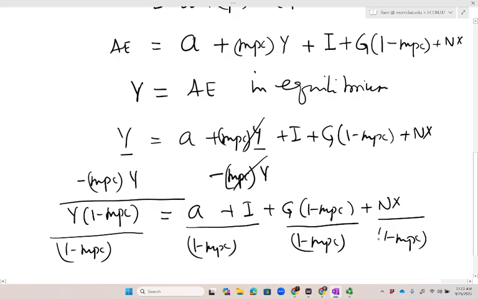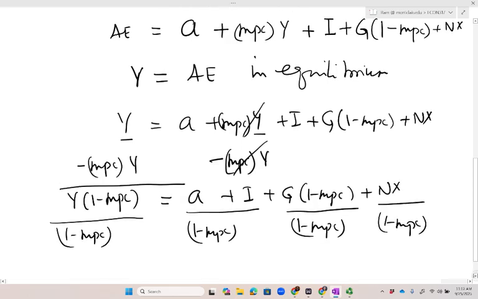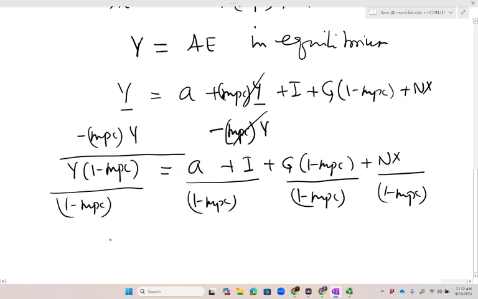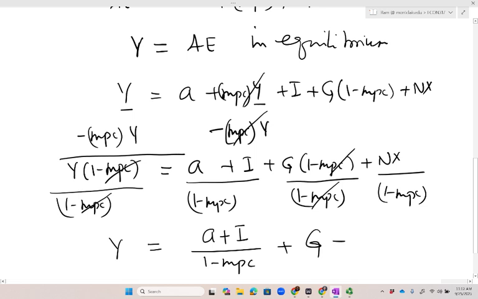And then the last term also I divide by 1 minus MPC. With that, I have got Y on the left hand side. These two terms cancel out. You can see this cancellation takes place on the right hand side too. Now I have got A plus I over 1 minus MPC plus government expenditure by itself plus net export over 1 minus MPC.